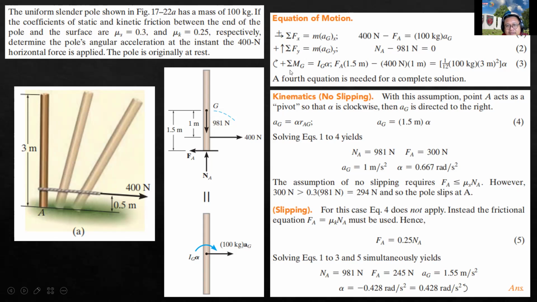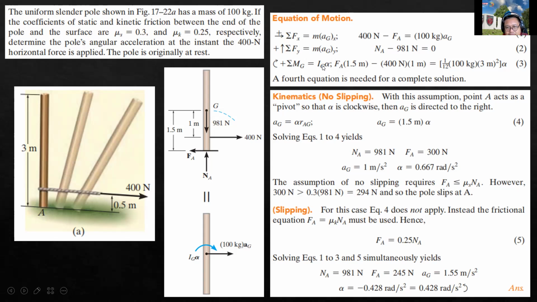And if we look into the summation of moment at point G, which is the center of gravity of this slender pole, that is equal to Ig alpha.